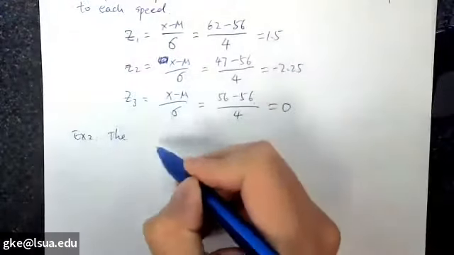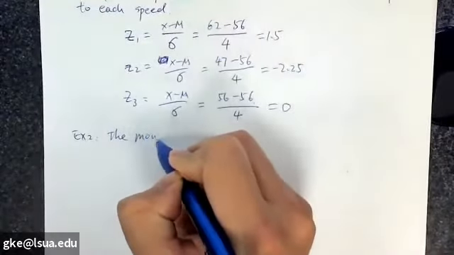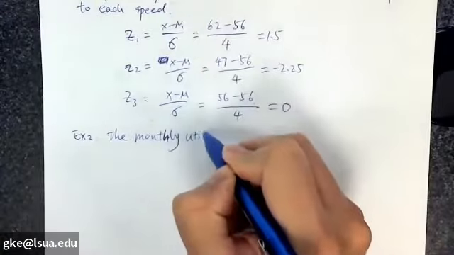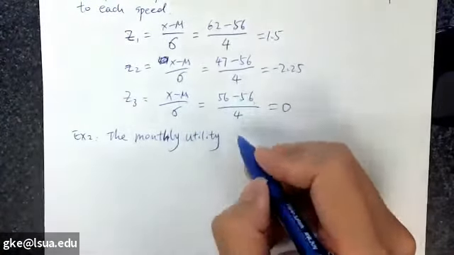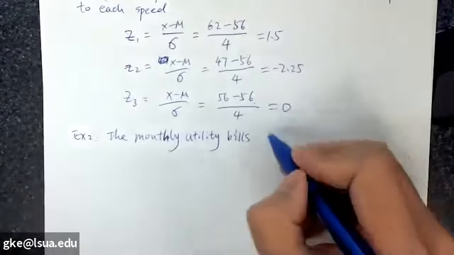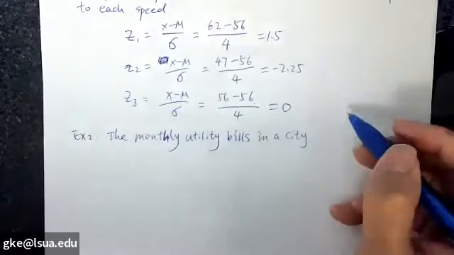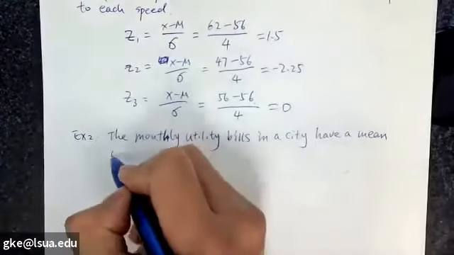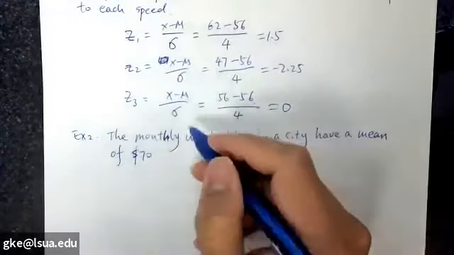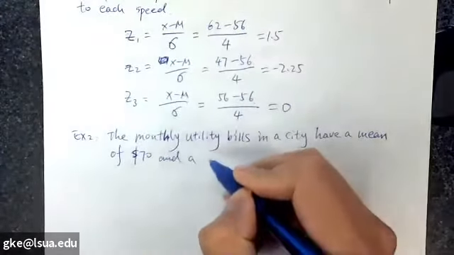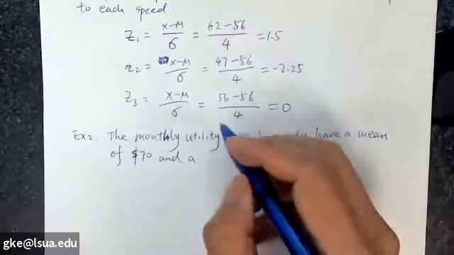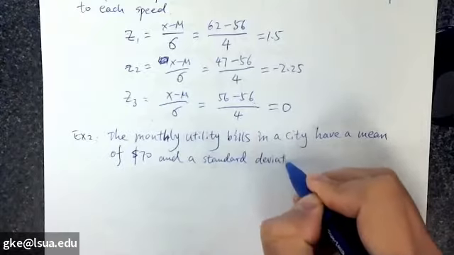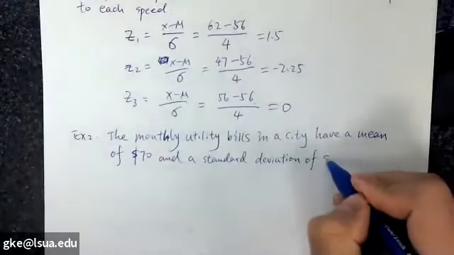The monthly utility bills in a city have a mean of $70 and a standard deviation of $8.